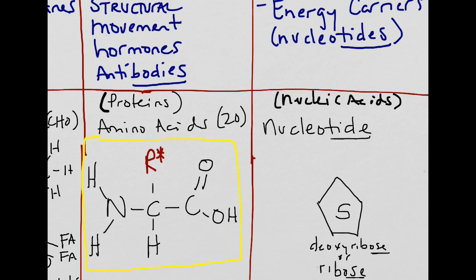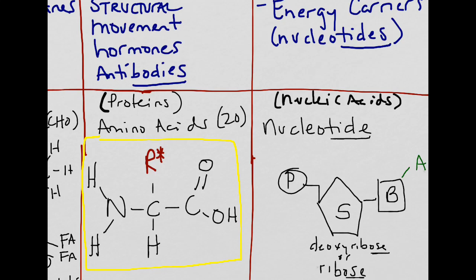It also has a phosphate group, at least one phosphate group, and it has a base. I'll just put the letter B there. Remember, for this base, there are only 5 possibilities for what they can be, and I'm going to just put their abbreviations here. I'll say what they are.